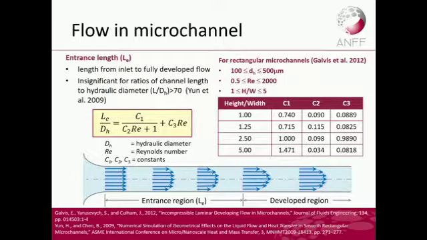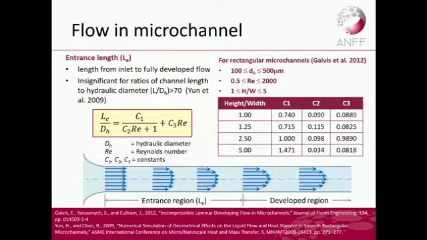Now, if your device or channel length is about 70 times more than the diameter of the channel that you're working with, then you're probably on the safe side and you don't need to worry about it, and can just worry about the length of channel after that 70 times factor.